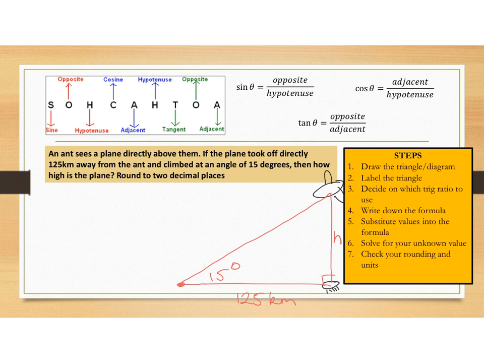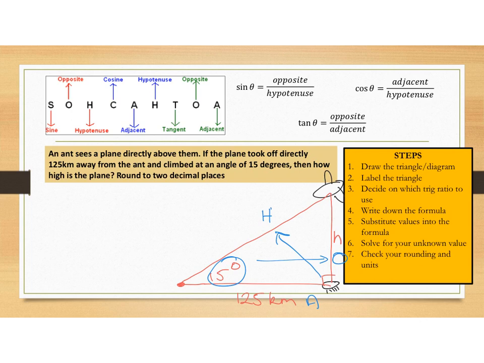Now we need to label each of the sides and determine which ratio to use. Opposite my right angle is my hypotenuse. Opposite my reference angle is my opposite, and then the other angle is the adjacent.